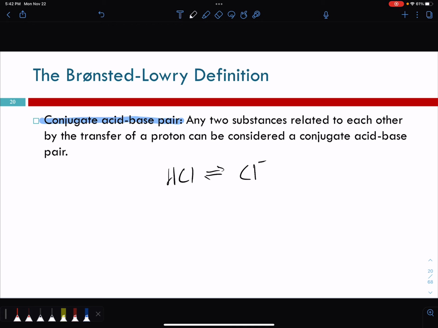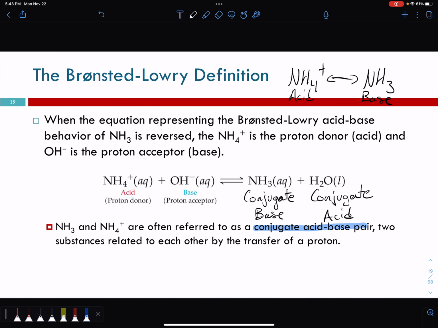What's conjugate again? Conjugate just means they're linked together. I don't know the exact definition of the word conjugate. You could just think of these as acid-base pairs. I think it's in the same reaction, right? So in this reaction, the acid, then the conjugate base is NH3, because it depends on the context.